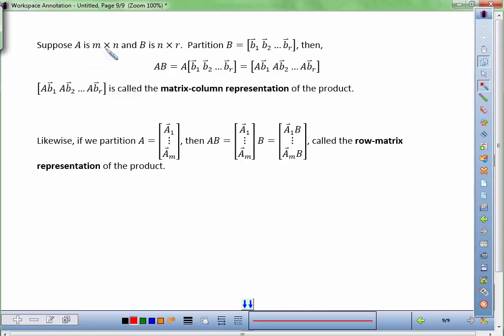So A is an n by n matrix, B is an n by r matrix, and you partition B, you split B up into a bunch of columns. Then you can look at the product AB as A times each of these column matrices put together. B was split up into columns, so it's called a matrix column representation.